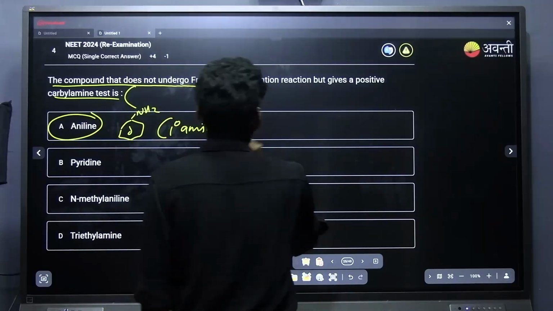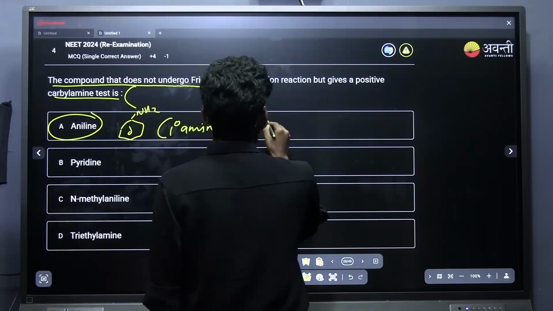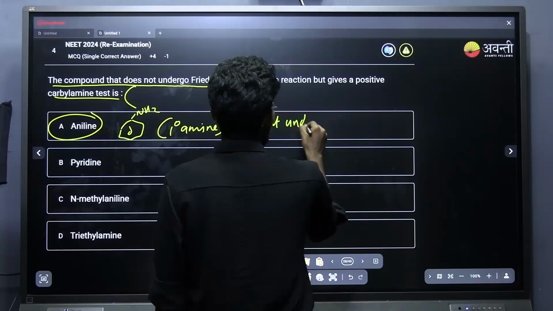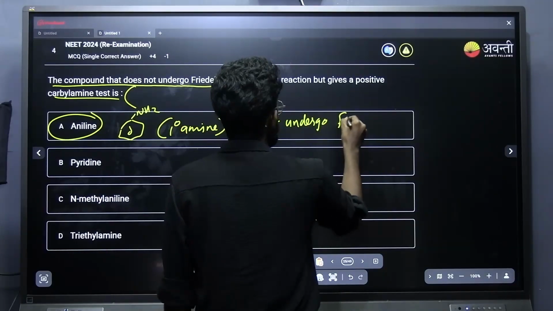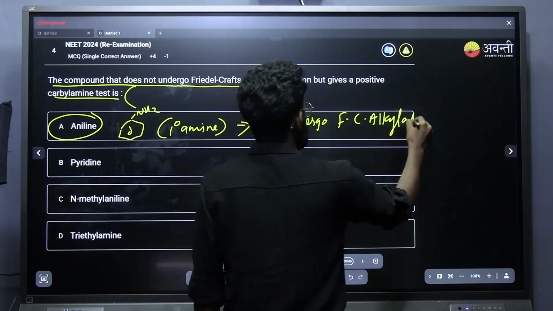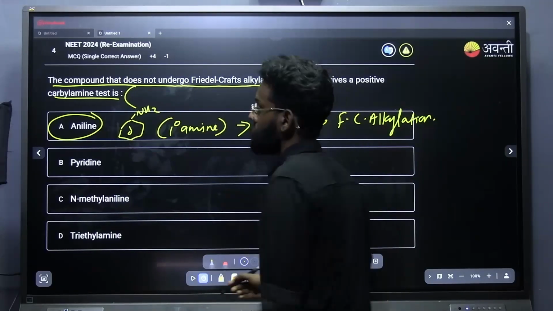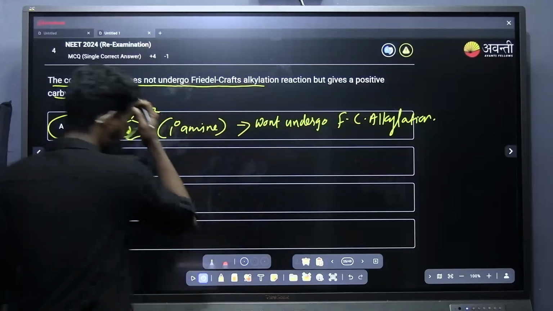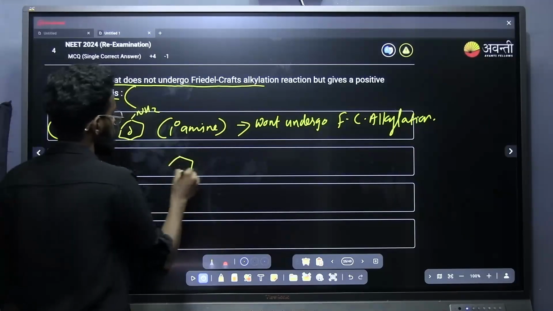Why won't aniline be undergoing Friedel-Crafts alkylation? What is the reason?